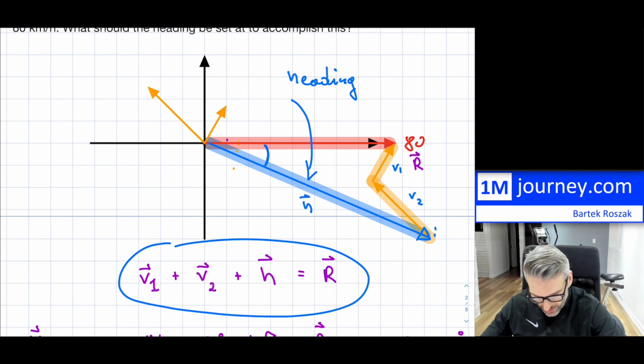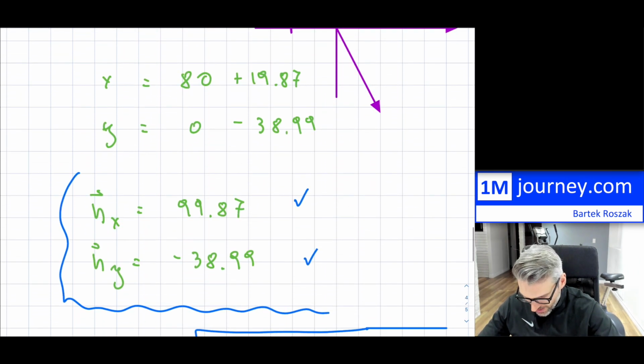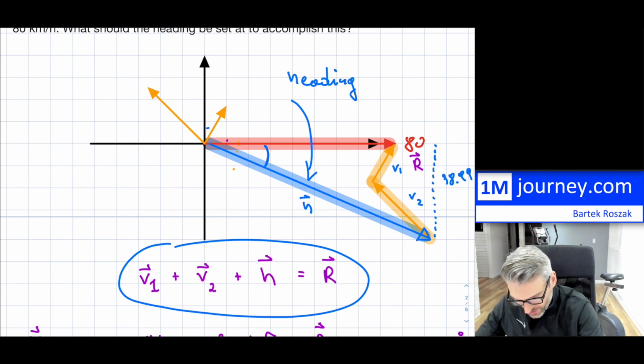So our y, this was 38.99, I believe, and then our x was actually a lot. What was that? 99.87, right? So this is in this direction all the way up to here. This is 99.87.